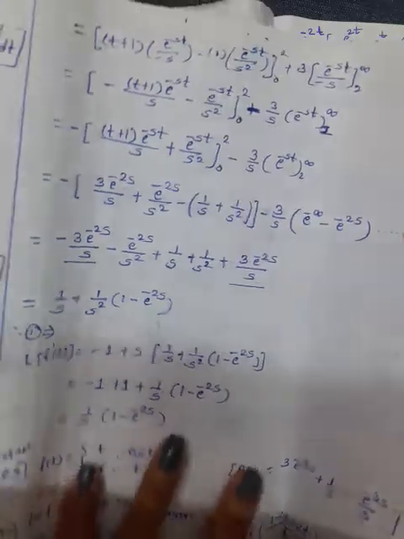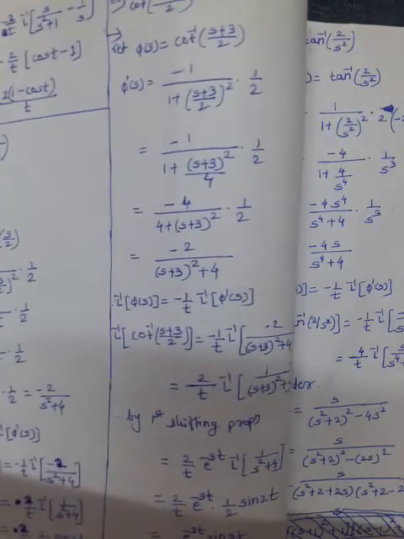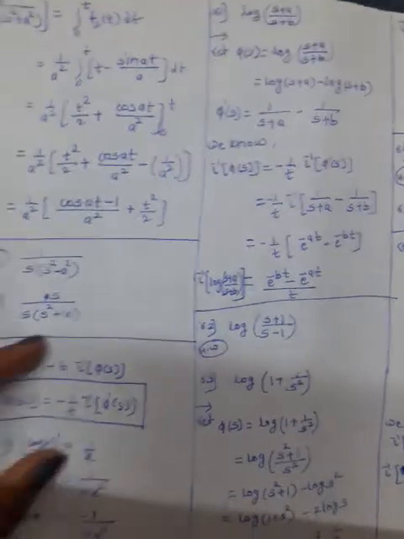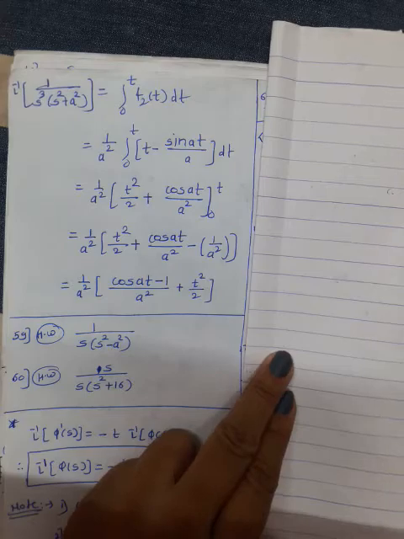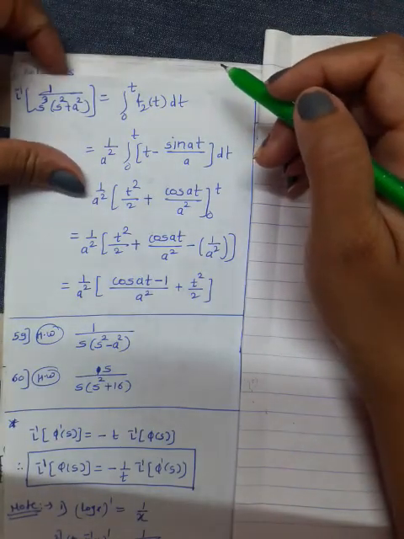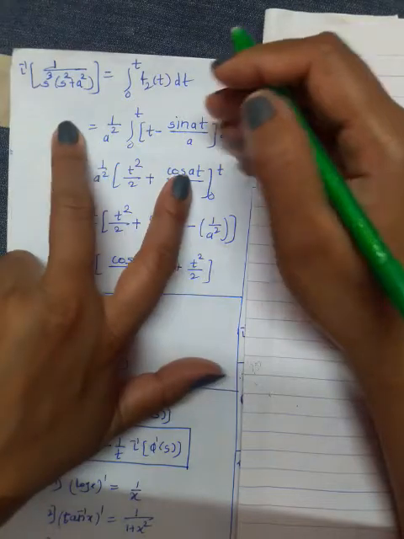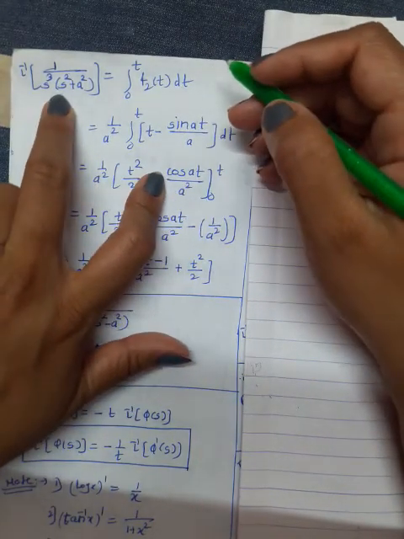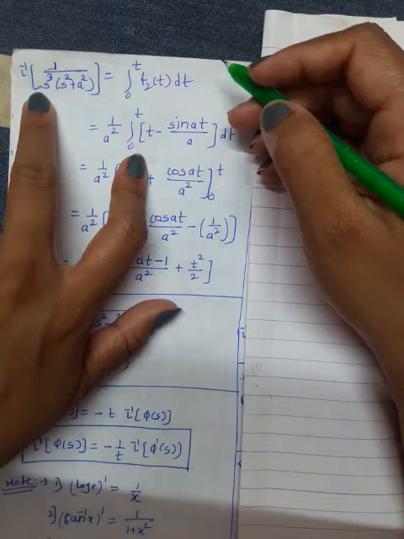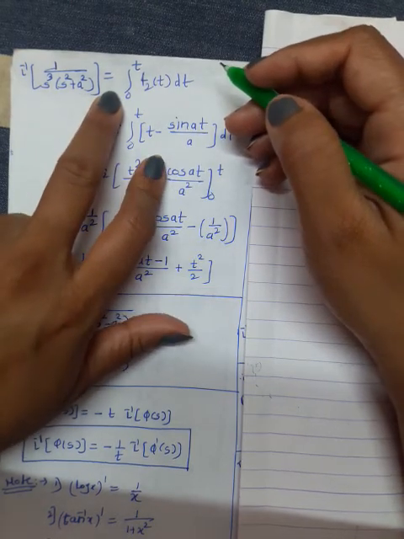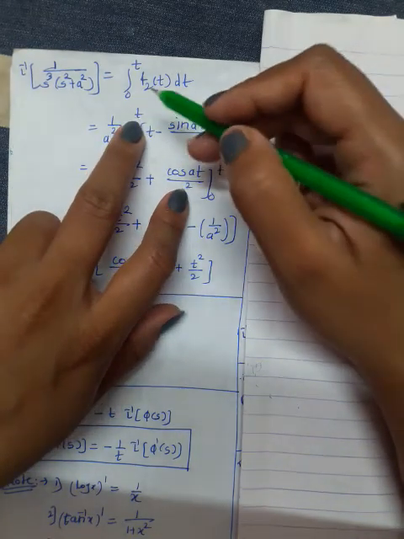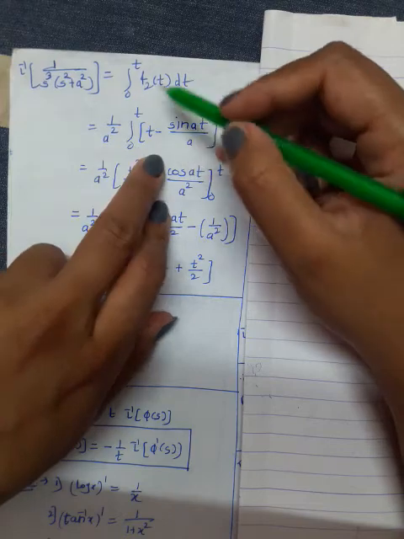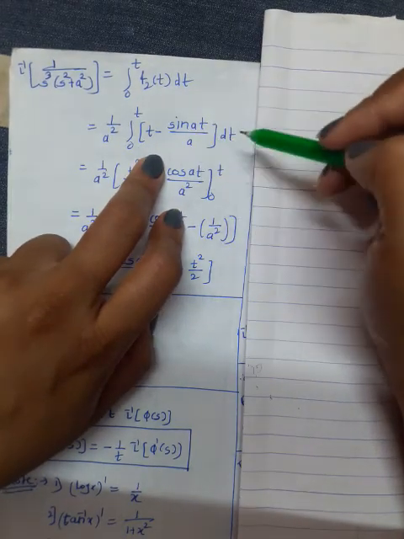For the last division by s, we have to find the third integration, 1 upon s cube times s square plus a square, equal to, replacing f of t by f2 of t. Okay, and this is the formula. Put f2 t here, we get 1 upon a square, take outside, integral of t minus sine at upon a dt.